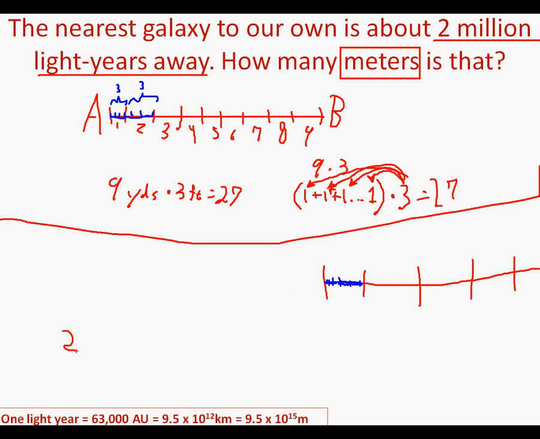So 2 million, if you remember from scientific notation, is the same as 2.0 times 10 to the power of 6, because we're counting the 6 zeros. That is going to be multiplied by this factor right here. 9.5 times 10 to the power of 12 is kilometers.